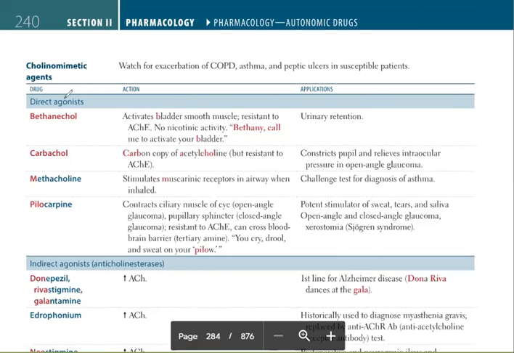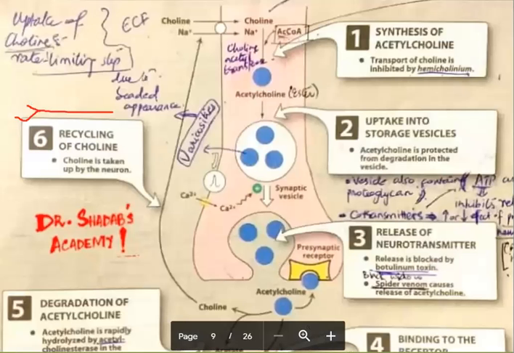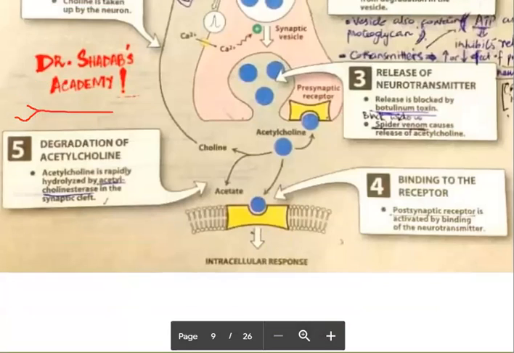Now you see this drug which I was talking about, these are the direct agonists. Direct drugs are those which directly bind to the receptors at the postsynaptic membrane, and the drugs which are called indirect basically work on the enzyme. The indirect drugs do not bind directly on the receptors, but they inhibit this enzyme activity.